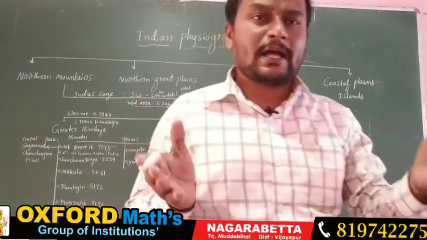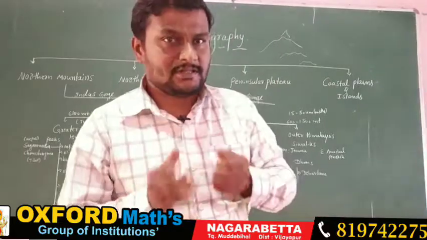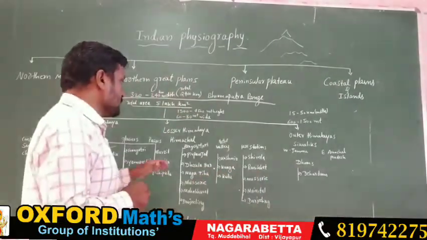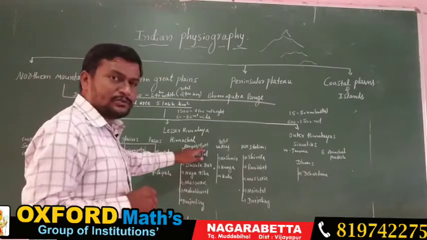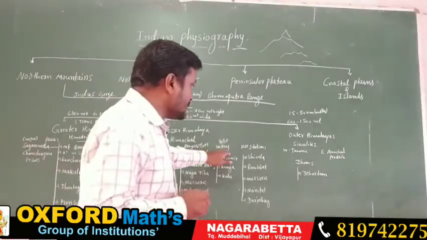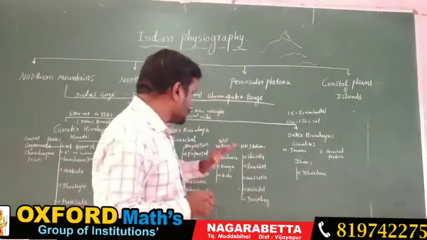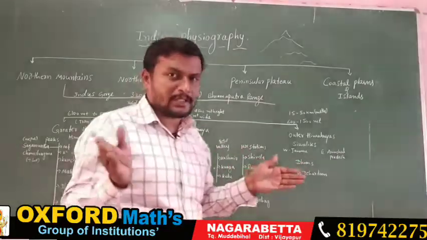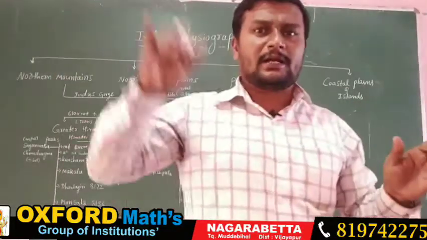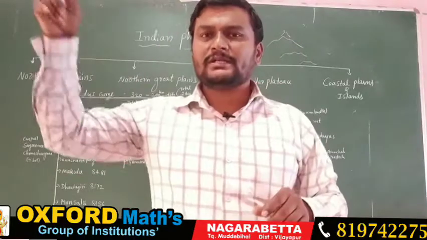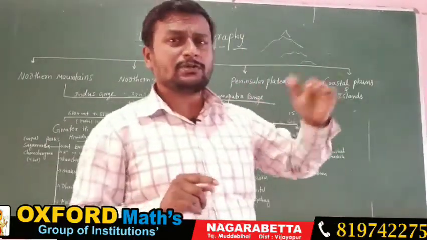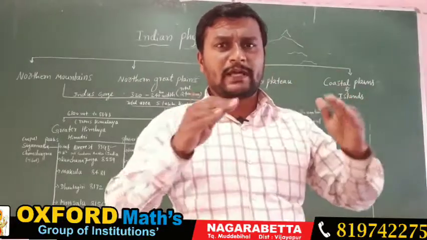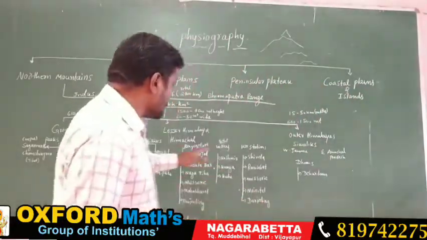It also has some important features. Which are the important features you can see here in the Lesser Himalaya? One is ranges, and valleys, and hill stations. What do ranges mean in Kannada? The parallel mountains, which continue from one mountain to another with no gap, they are attached.